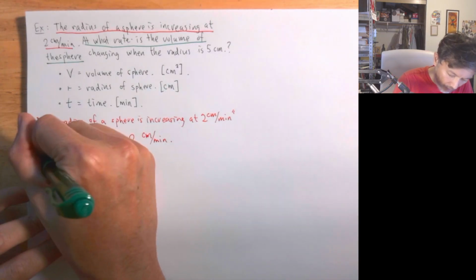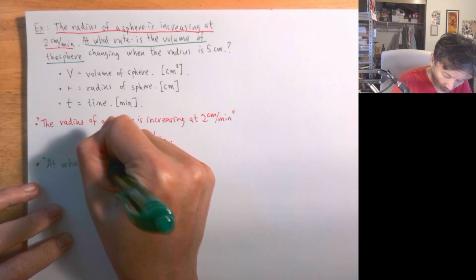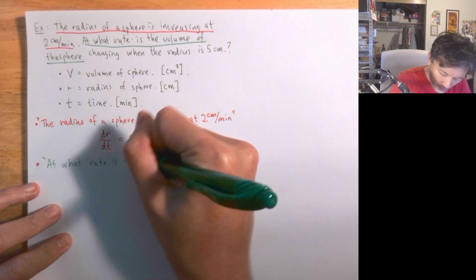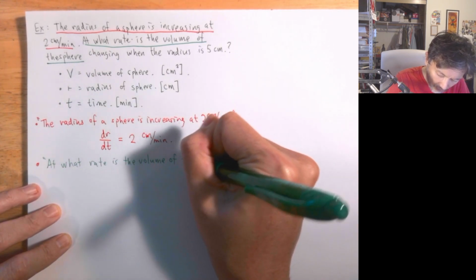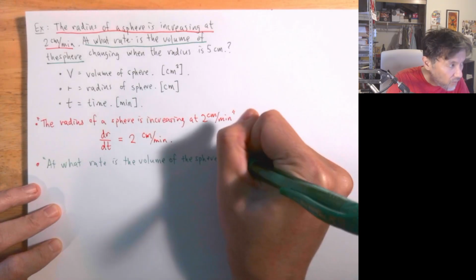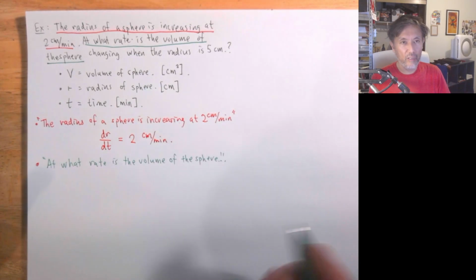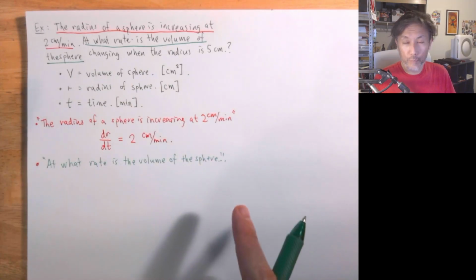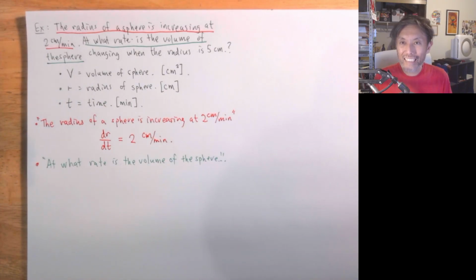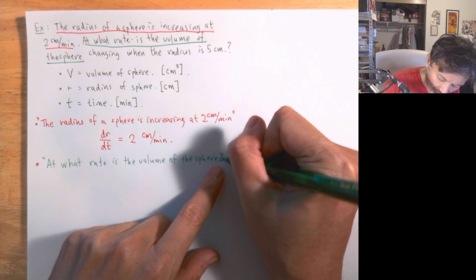At what rate is the volume of the sphere, and I'll put a dot because the sentence continues on. So this is part of the first part of the question. What is it asking for? It's asking for, I should put that changing word because that's key.